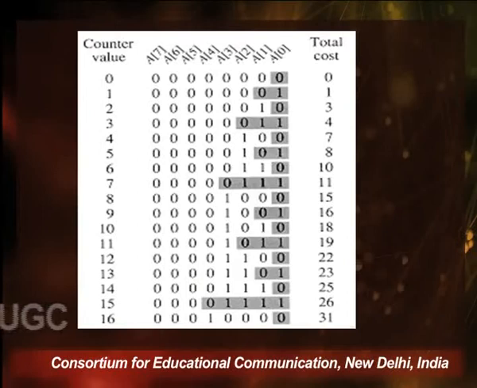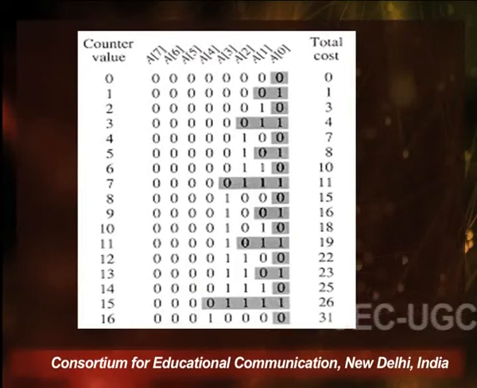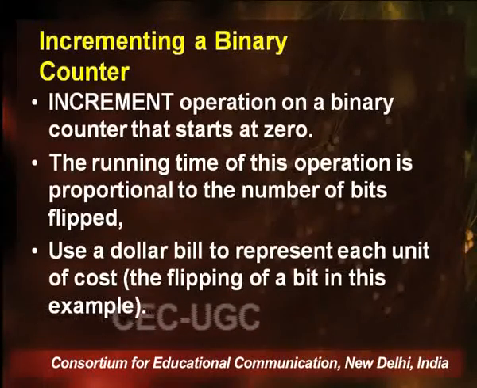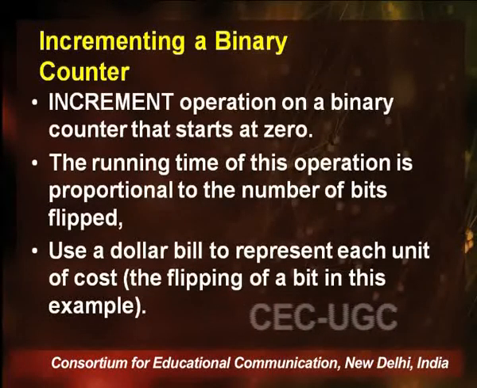So 3 is the cumulative cost till this point.